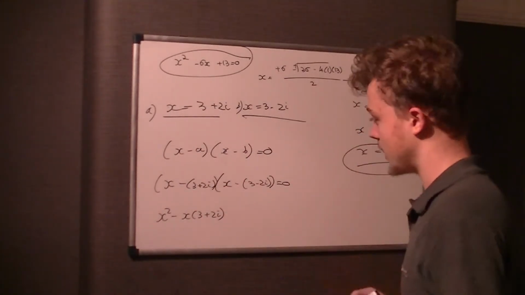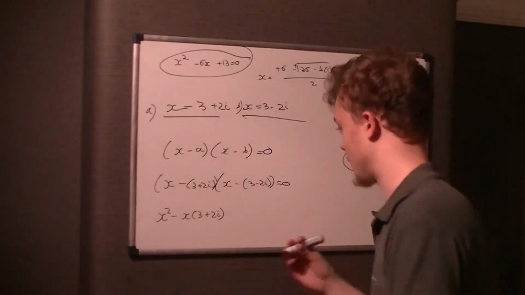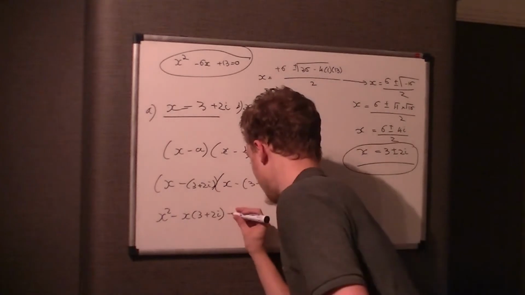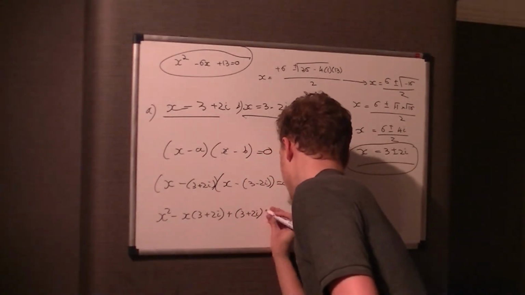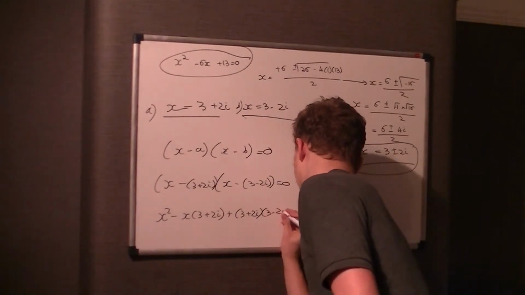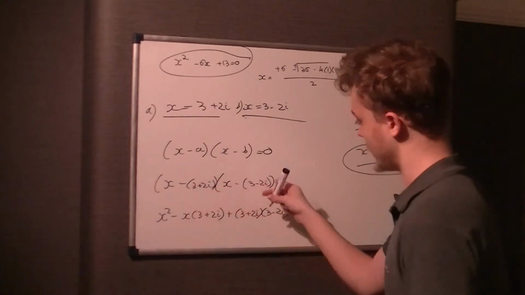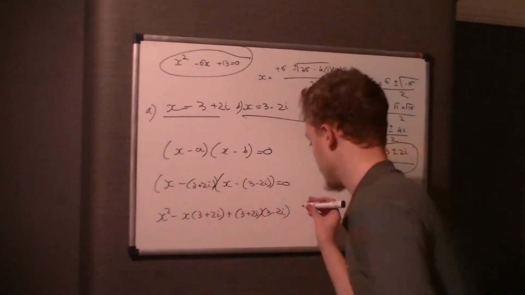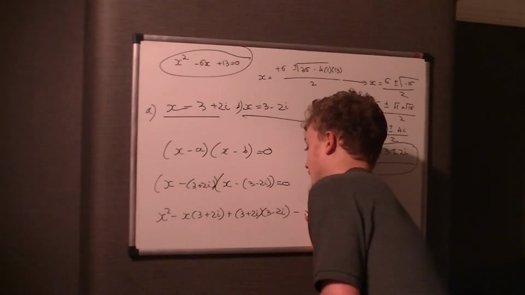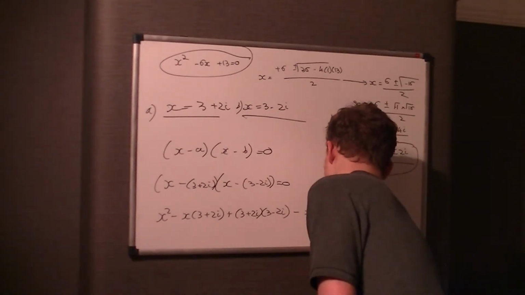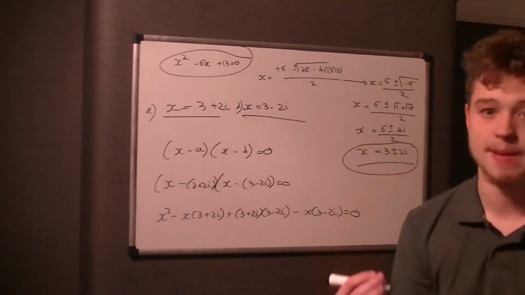And then it'd be negative (3 plus 2i) times negative (3 take 2i), so it'd be plus, and then you just write the 2, so plus (3 plus 2i) brackets (3 take 2i). Then it's just negative (3 take 2i) times x, so it's take x brackets (3 take 2i), and that equals 0, because all we've done is expanded it, so it's the same equation.